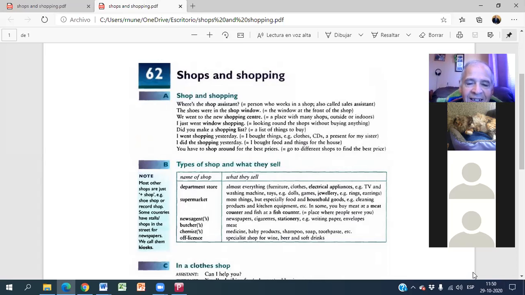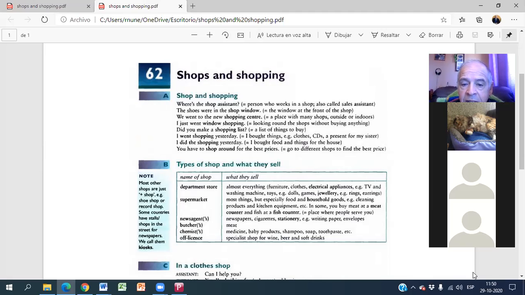All right. Okay. Now there you have types of shop, what they sell. You have department store, supermarket, news agents, butchers, chemists, off license. So department store, almost everything. Furniture, clothes, electrical appliances, etc. TV and washing machine, toys, for example, dolls, games, jewelry.